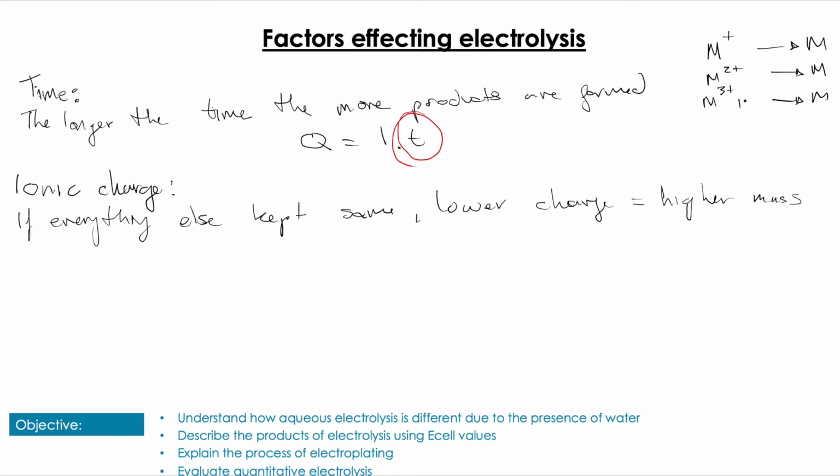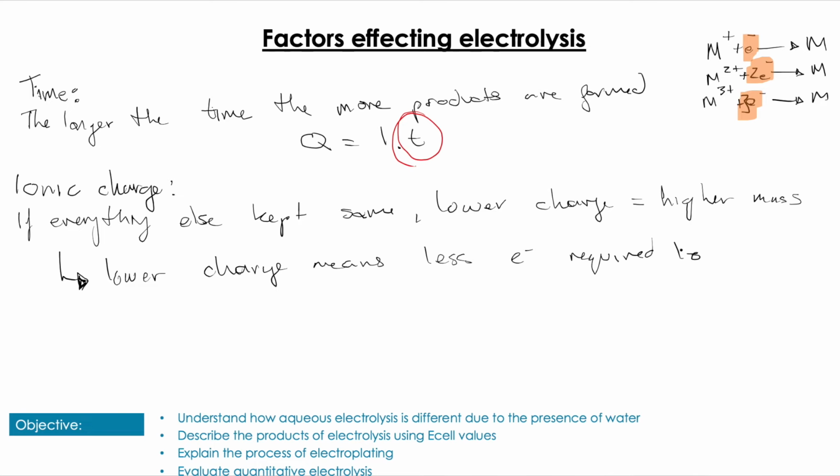You'll see here, if we have a 1+, a 2+, or a 3+ charge, then we have a different number of electrons to produce 1 mole of our product. And so therefore, the higher the ionic charge, the less metal we will form, or the lower the charge, the more we will form, because we need fewer electrons per mole required to discharge the metal.